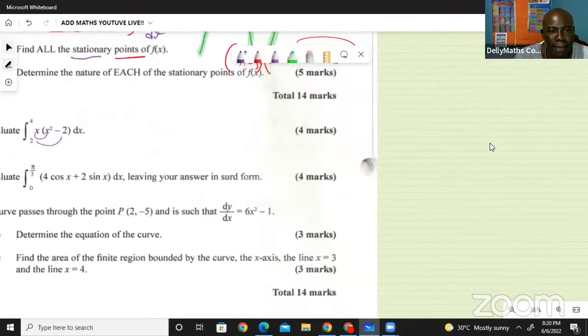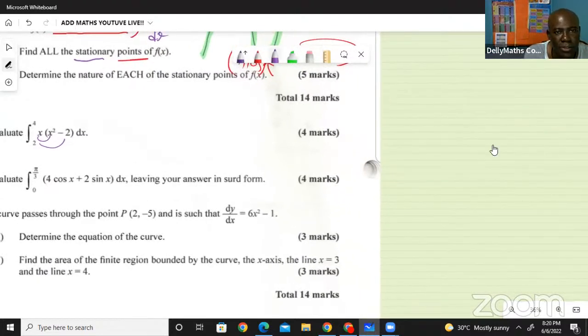You're going to distribute the x inside, get your polynomial, deal with your integration, and then work out your interval. Let me rewrite this a little bit to the right. The integral from 2 to 4 of x into x squared minus 2 dx. That's where we are. Let me shift this.